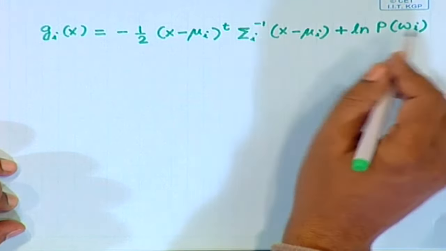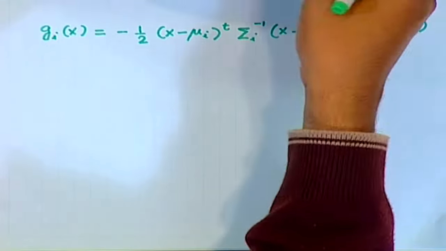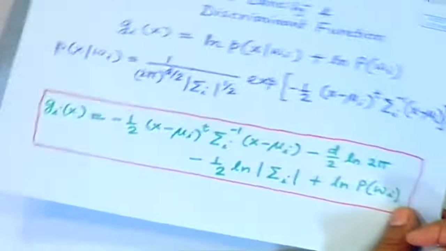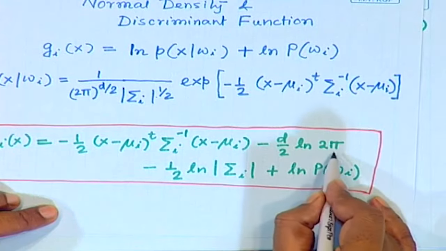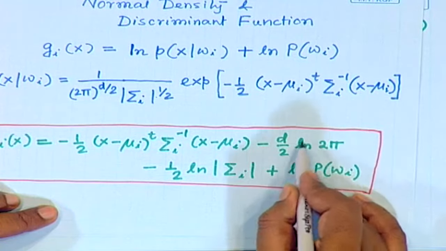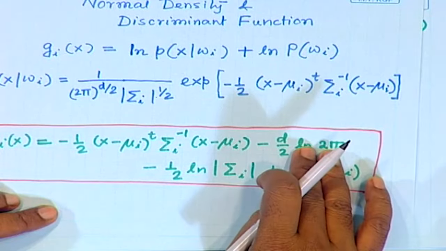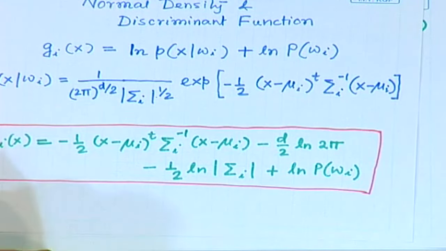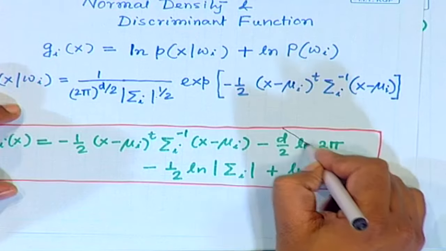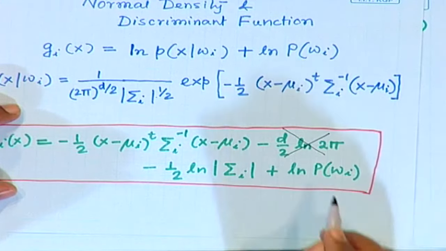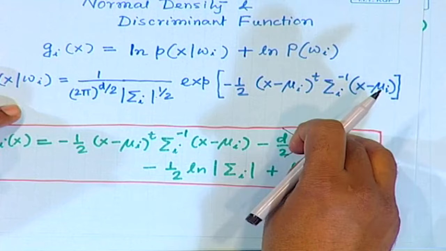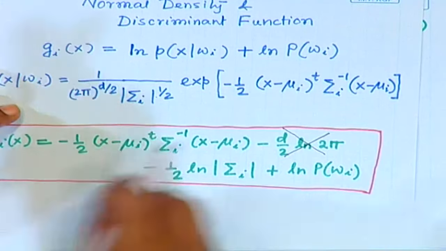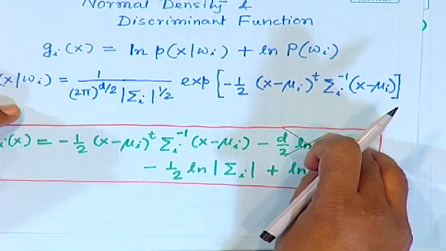Why I am writing like this is, in this expression you find that minus d by 2 log of 2π is independent of class, this is a constant term. So I can simply ignore this from the expression of the discriminant function, because this term is not going to influence our decision, since for the discriminant functions of all the classes, this term is going to be present.